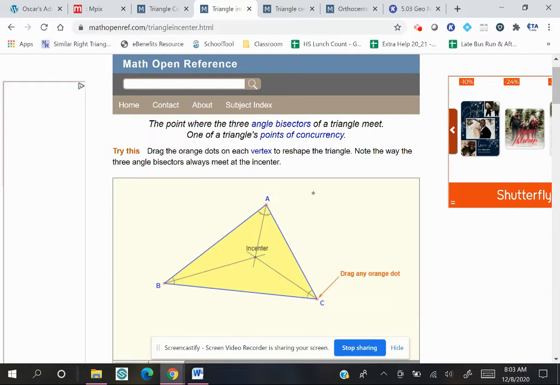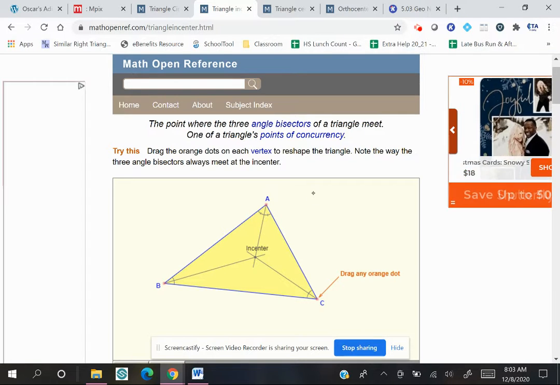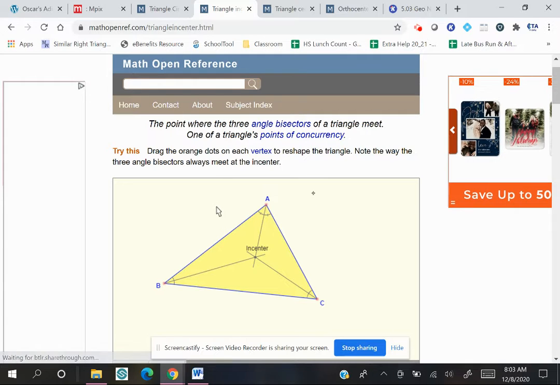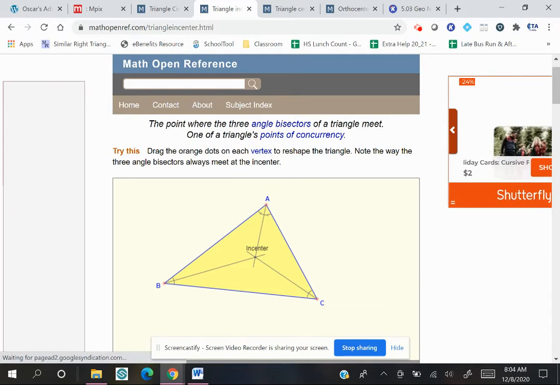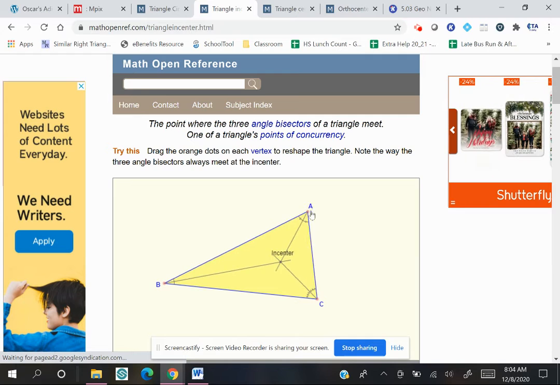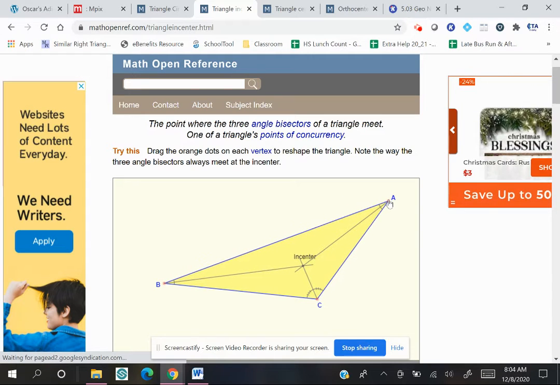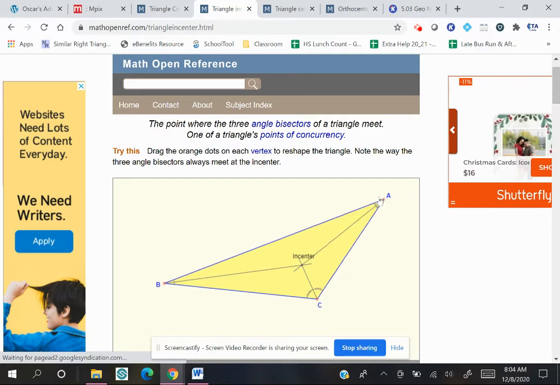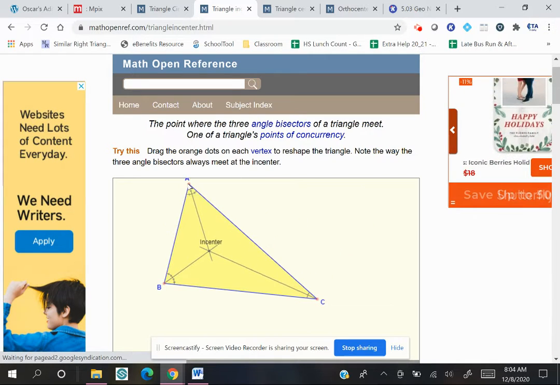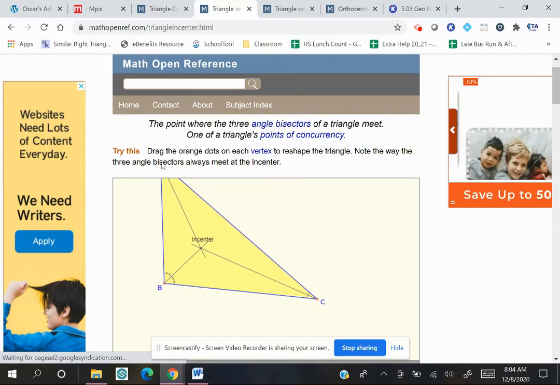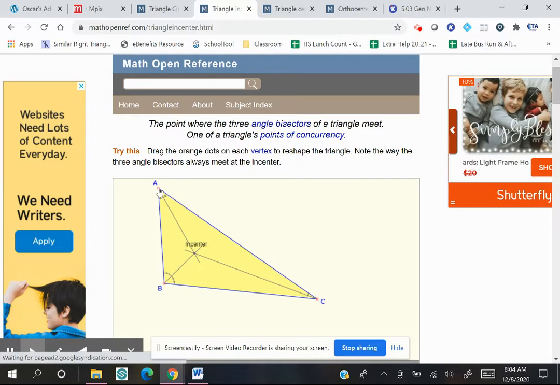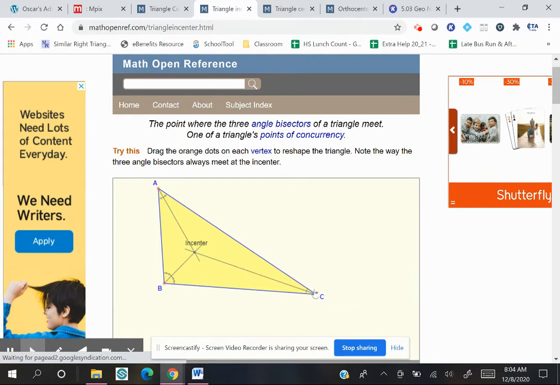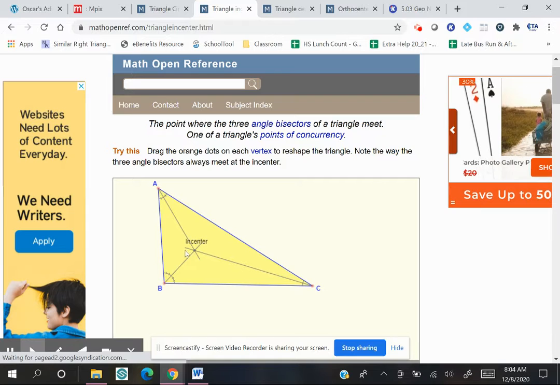So here's your incenter. You'll see we have an acute triangle here, and if I make the triangle obtuse, those three angle bisectors still will intersect inside. And if I make it look close to being a right triangle here, then it still meets inside.